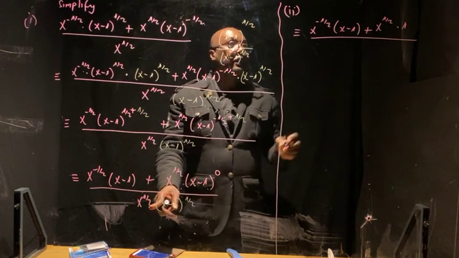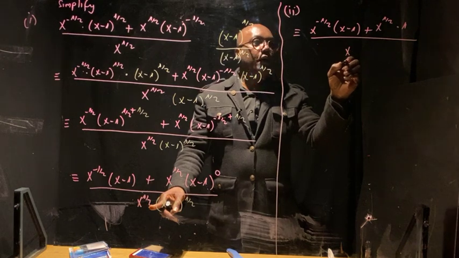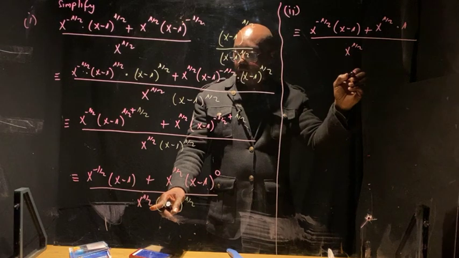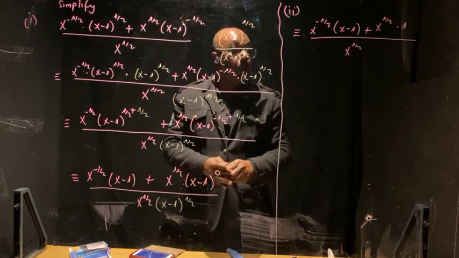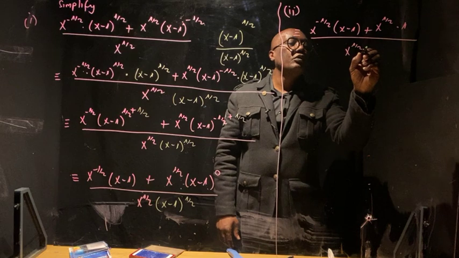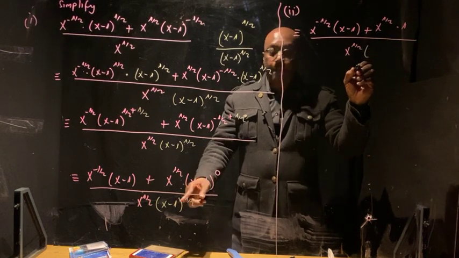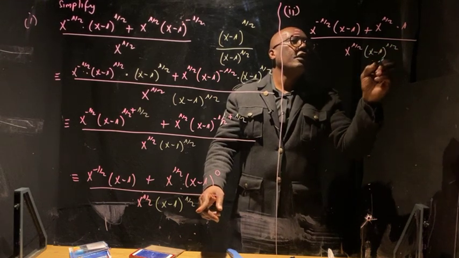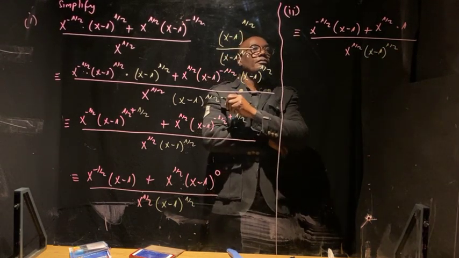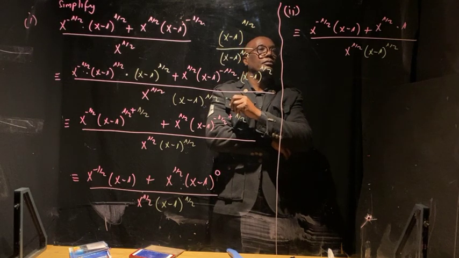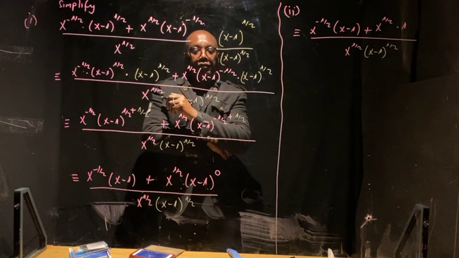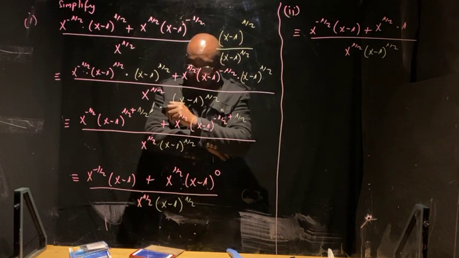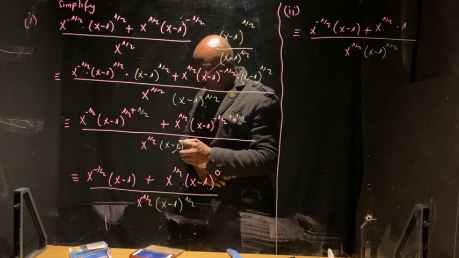And then we have here x raised to the power half multiplied to x minus 1 raised to the power half. Good. You take your time to copy. We'll continue.